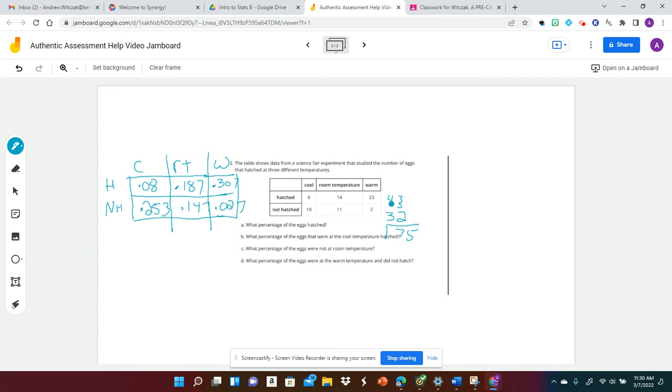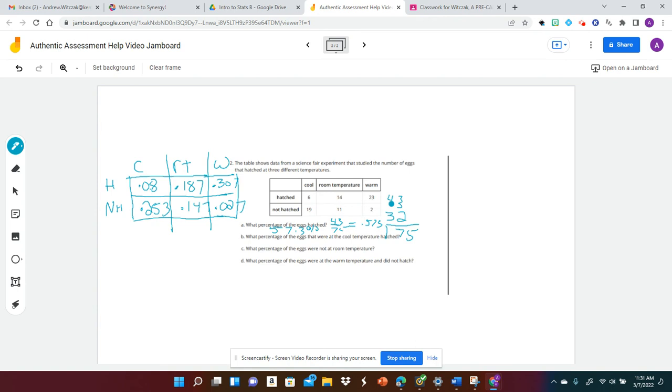And then on here, what percentage of the eggs hatched? Well, I can take my 43 divided by 75. And 43 divided by 75 is 0.573, which is 57.3%. What percentage of the eggs that were at cool temperature hatched?